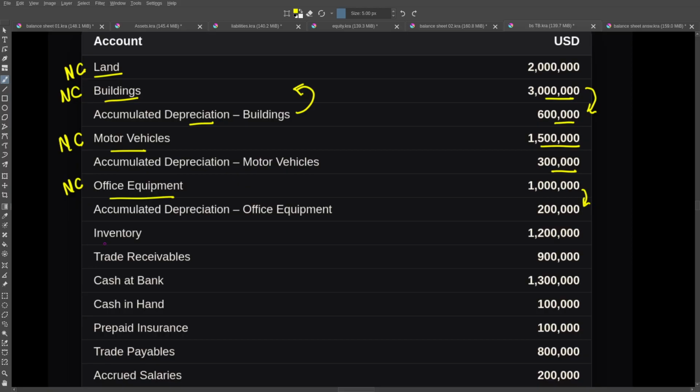Okay. Then now we have inventory. Inventory is what is also called the stock. This is what you buy to sell. If you're in a business of handling laptops, remember, the laptop that you're buying to sell becomes stock, okay? But the laptop that you're buying to use in the business, to facilitate the business, remember that is a non-current asset.